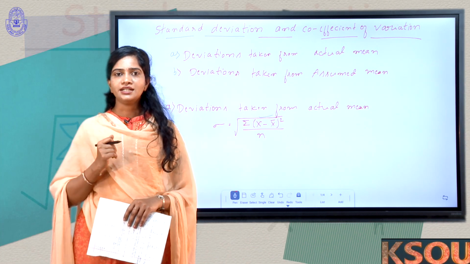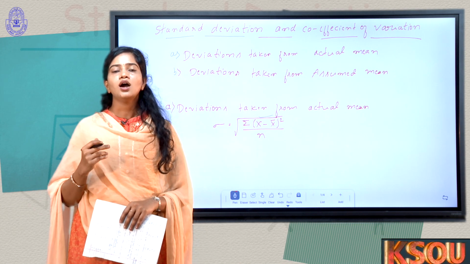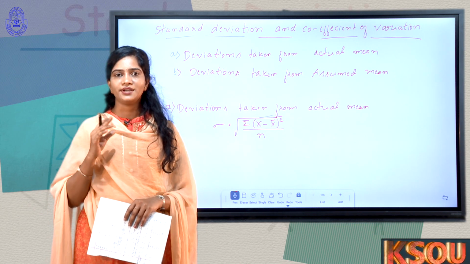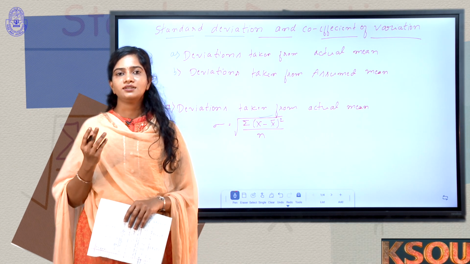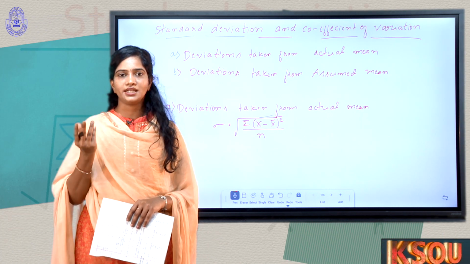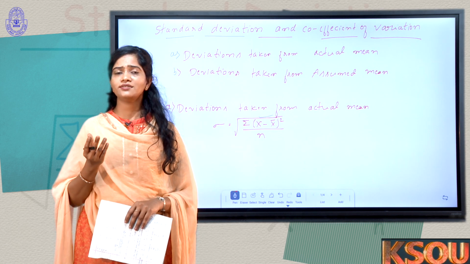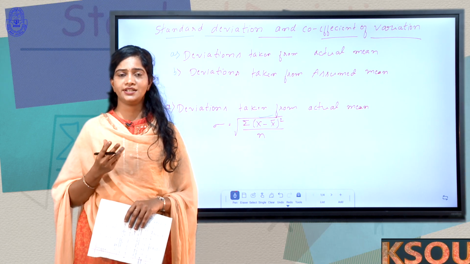See, in the standard deviation, we will come to know how the variable is varying, and which variable will have more variation. That is what we are going to study in the standard deviation.